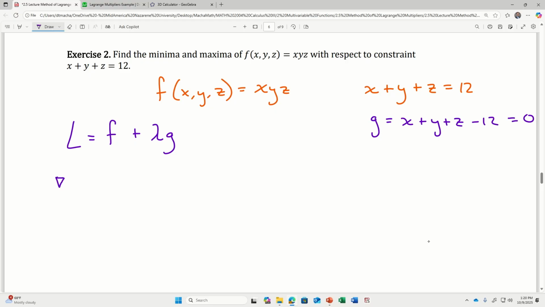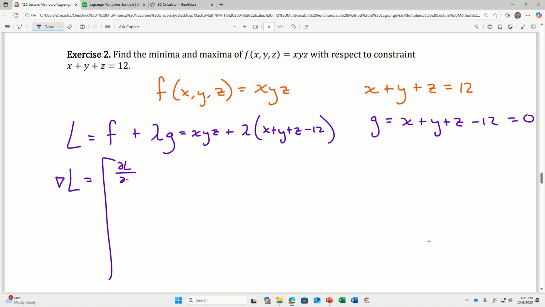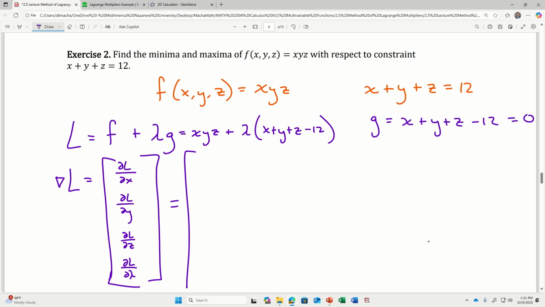And then I take the gradient of the Lagrange function, which is going to be the partial derivatives of the Lagrange function with respect to x, y, z, and lambda. So this time the gradient of the Lagrange function is a 4-dimensional vector. The partial with respect to x is going to be yz plus lambda.